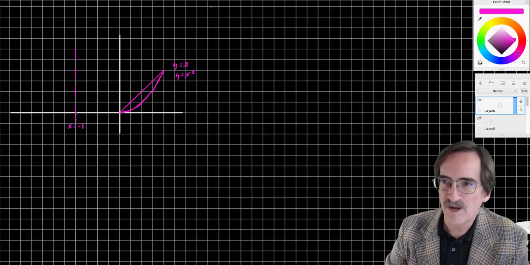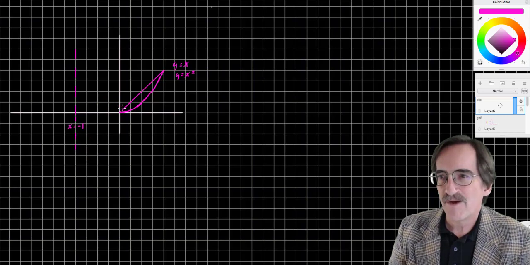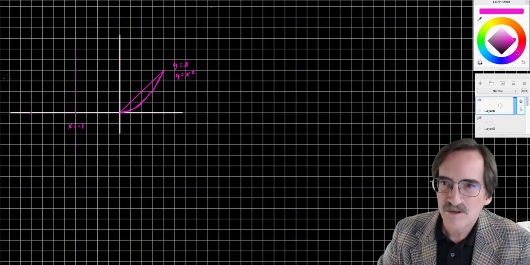So this is our axis of rotation. As you can imagine, this is going to spin around so that the shape is extended over here.